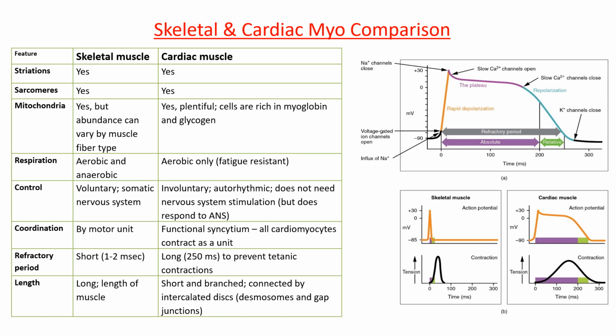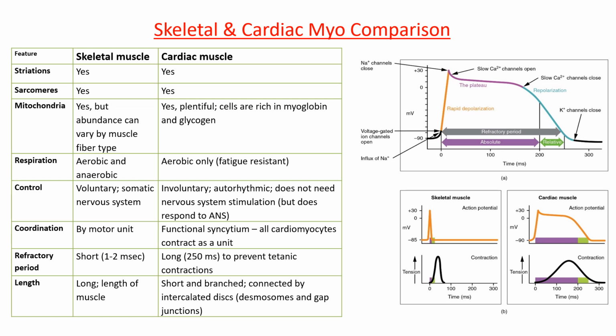We contract them for relatively short periods of time or repetitively, but again, short periods of time. So depending on the muscle fiber type, we have fast twitch and slow twitch. You may have more or less mitochondria. Fast twitch fibers tend to have less mitochondria because they're using glycolysis, which is fast.